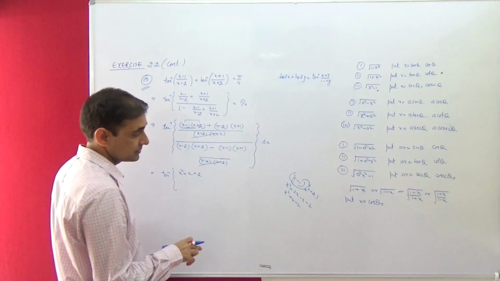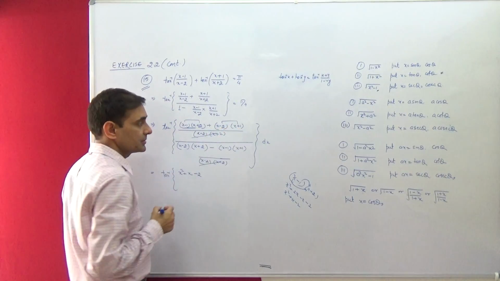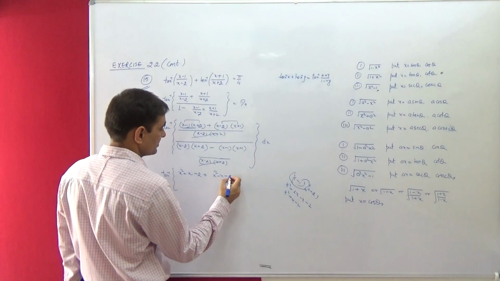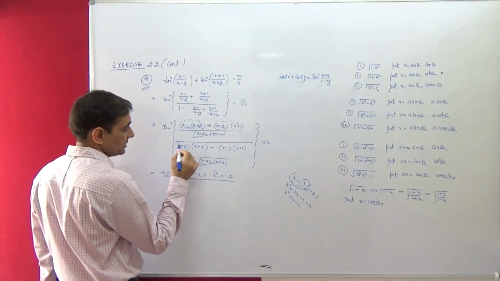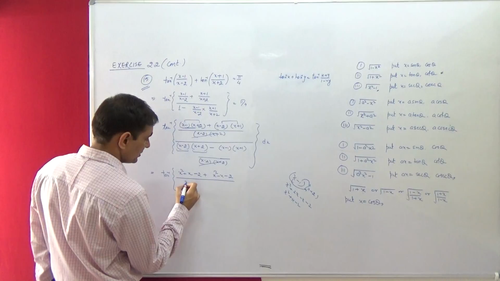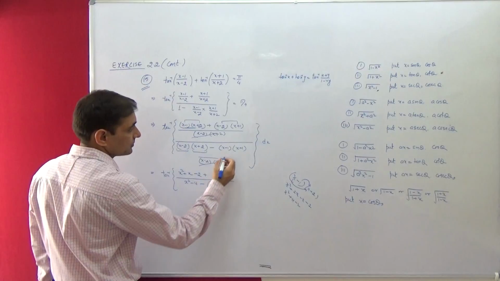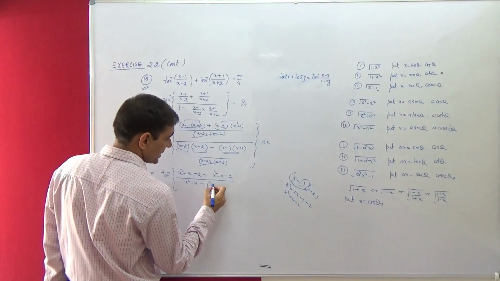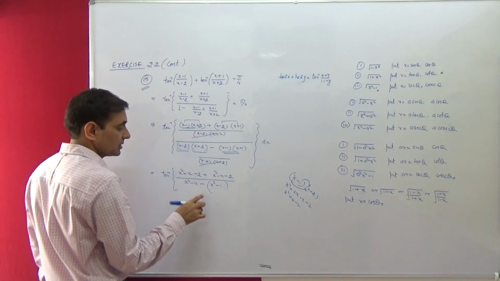If you multiply the other, you will get x square minus x minus 2, upon, this is a minus b and this one is a plus b, so it will be a square minus b square, that is x square minus 2 square, that is 4, minus, and this will be a minus b, a plus b again, so this is x square minus 1 square, that is 1.